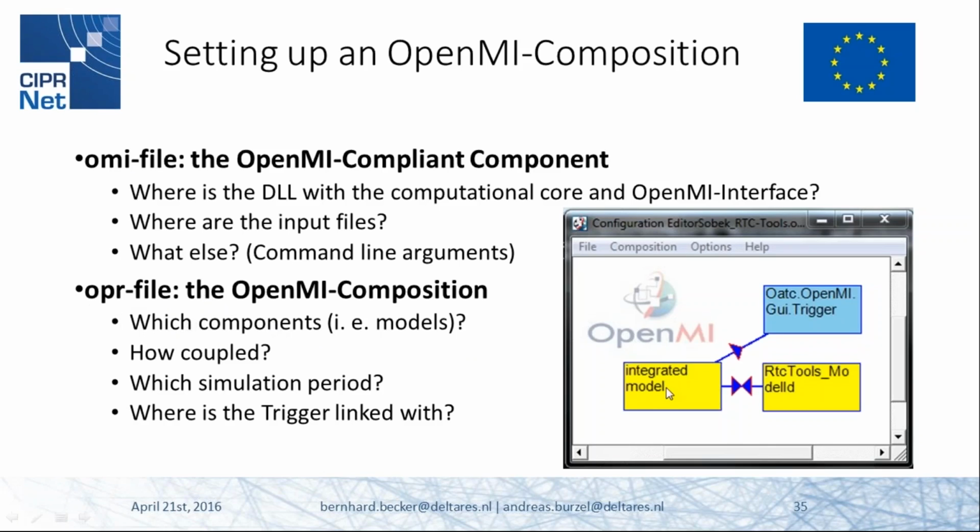In our case, it's these two and the trigger. How are they coupled? This means, it's basically the information you fill in the connection properties. So data from here to there, and the exchange items that are connected. Also the information about the simulation period, and of course where the trigger is linked to.